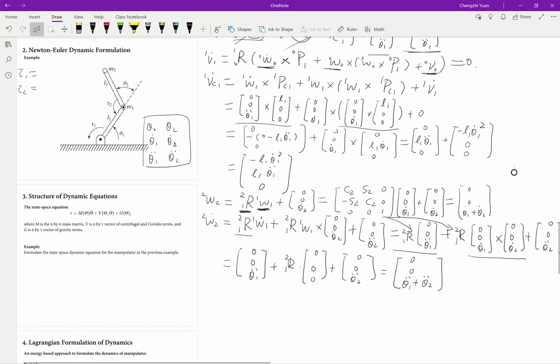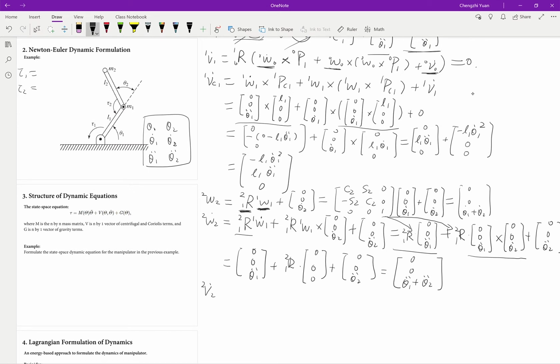What is next? The next one is the linear acceleration for the second link, v2 dot.